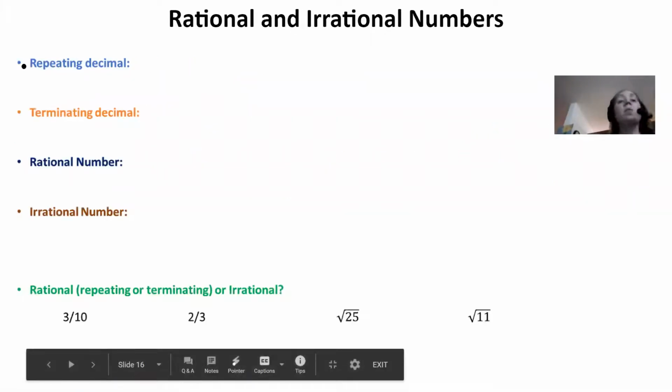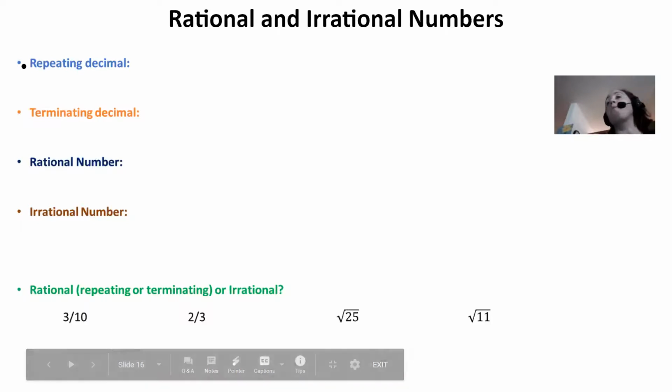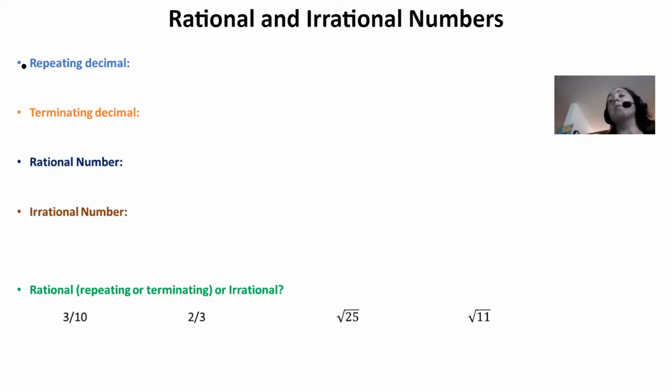Okay, so now we're going to talk a little bit about rational and irrational numbers. You guys got to know the difference between the two. What helps us is knowing what a repeating decimal is and a terminating decimal.